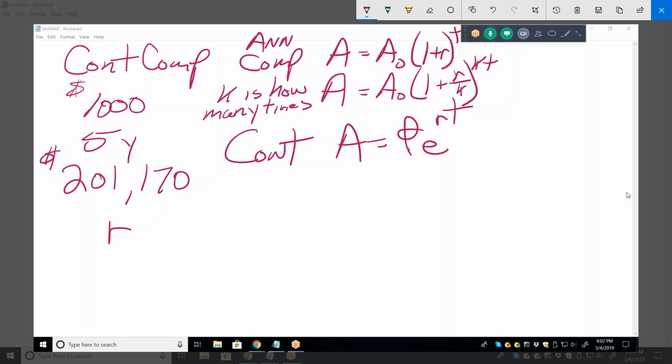But we as humans have banks that actually started out annual compounding on pretty much everybody. They invented this thing called annual compounding. So these first two formulas apply there. But in your problem, they said continuous compounding, so I'm going to use this formula.